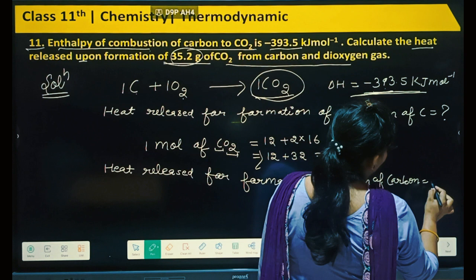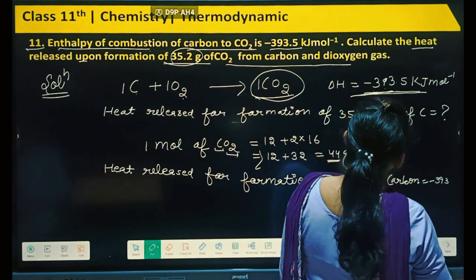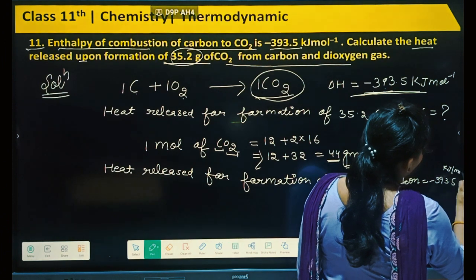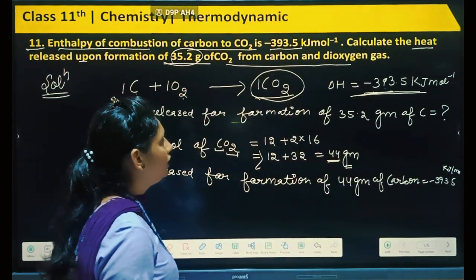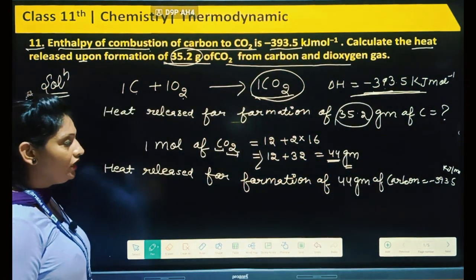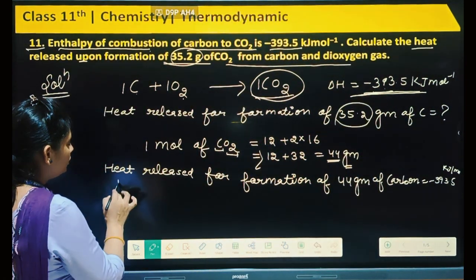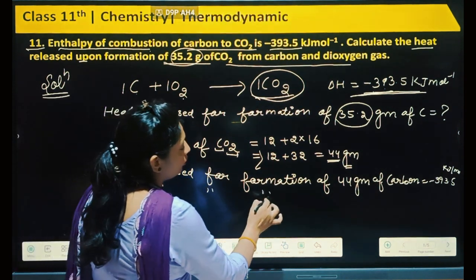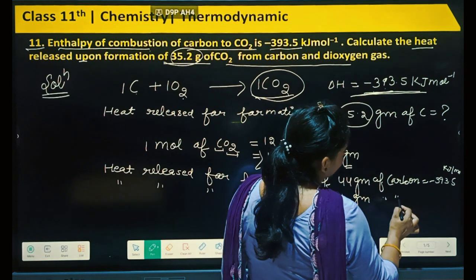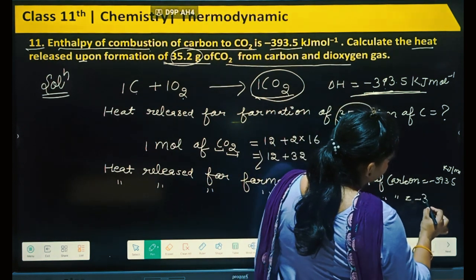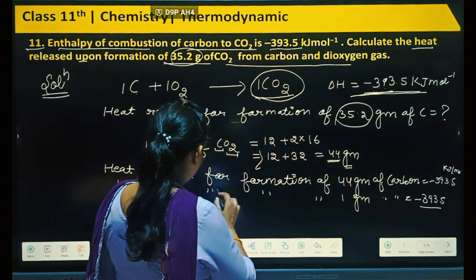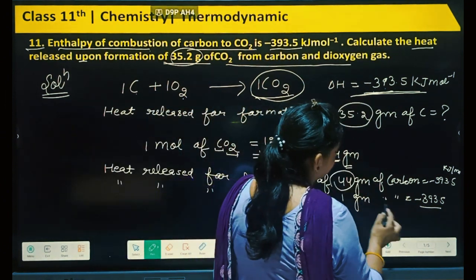This is minus 393.5 kilojoule per mole. Then students, we need to calculate for 35.2 gram. By unitary method we can do heat released for formation of 1 gram of CO2. It will be minus 393.5 divided by 44.